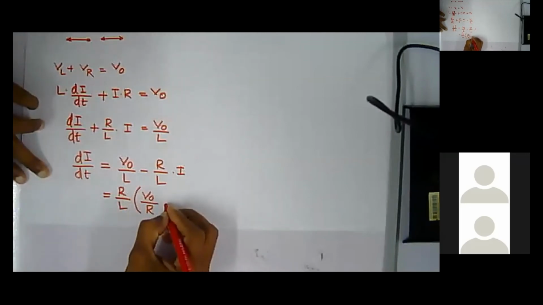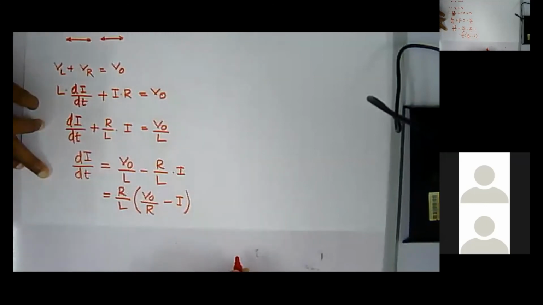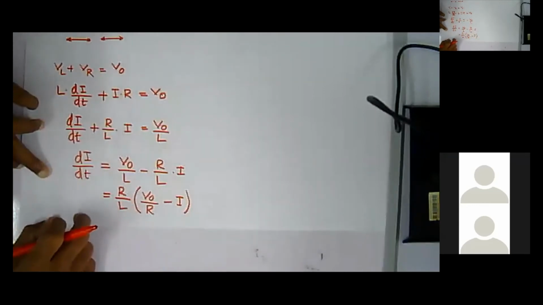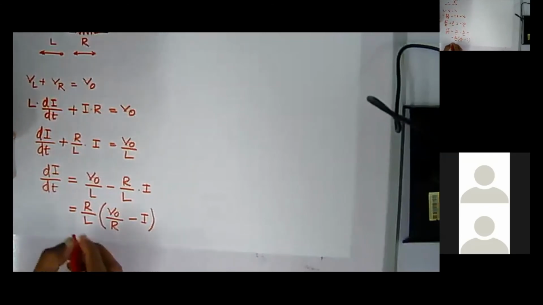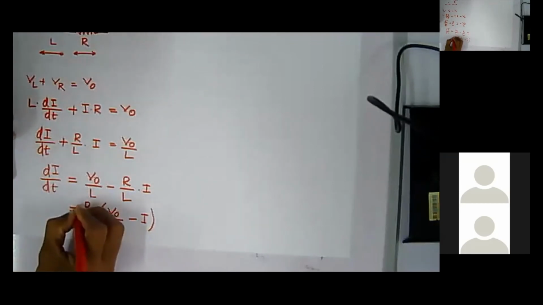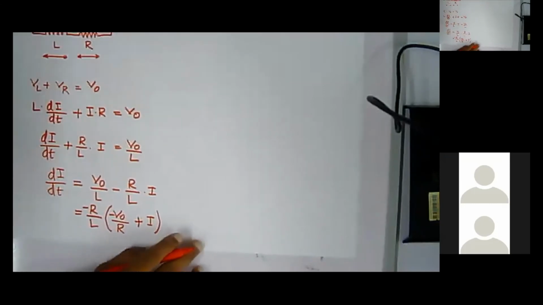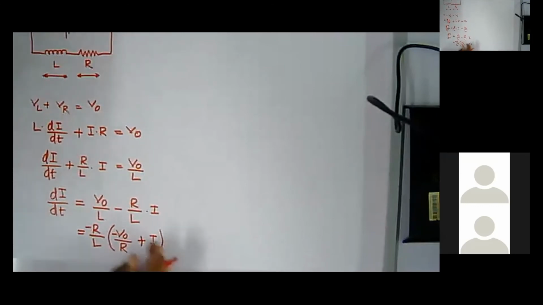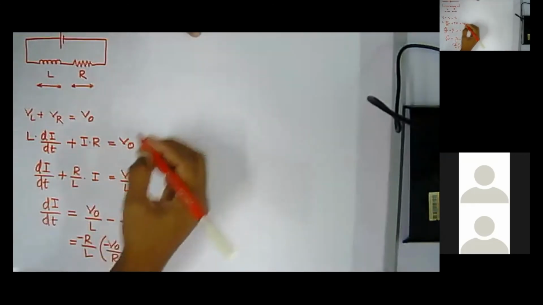So V naught over R minus I. I will bring this to the other side, and put another minus to make it easier to compare.